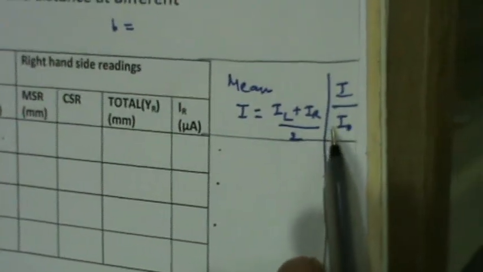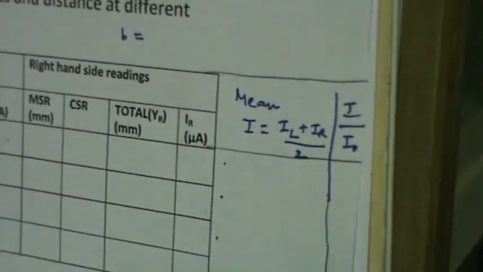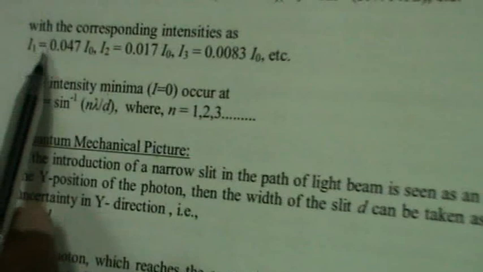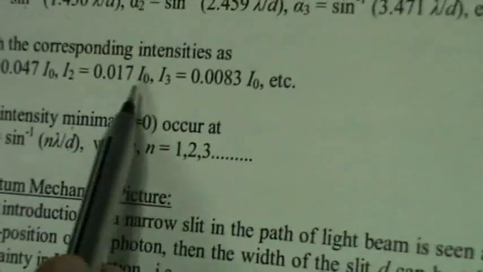So you just find out the ratio of I by I naught, so that one can check whether I1 by I naught value is 0.047 or not. Similarly, I2 by I naught, is it 0.017 or not. That can be checked.